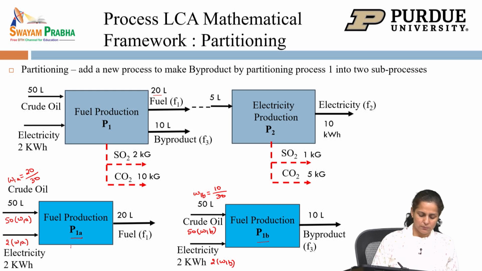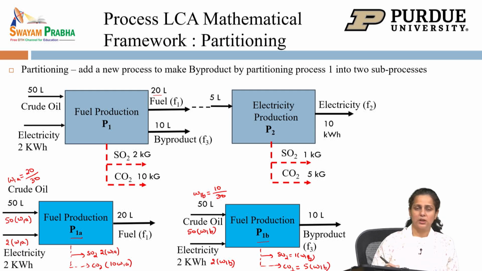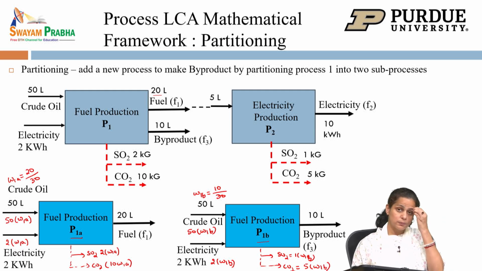I have not shown it, but we can also say that your SO2 will be 2 times W1A and your CO2 will be 10 times W1A, and here the emissions, your SO2 will be 1 times W1B and CO2 will be 5 times W1B. Okay. Now, we have split the process.